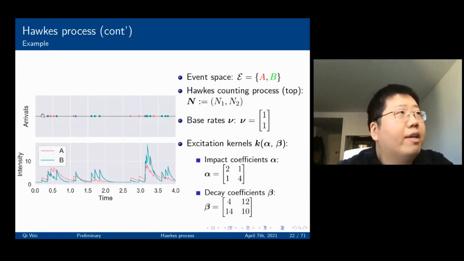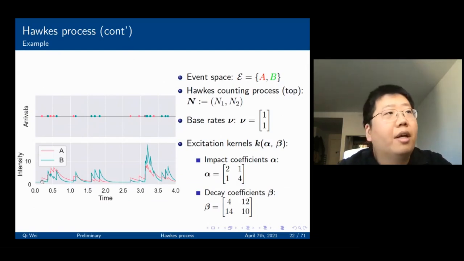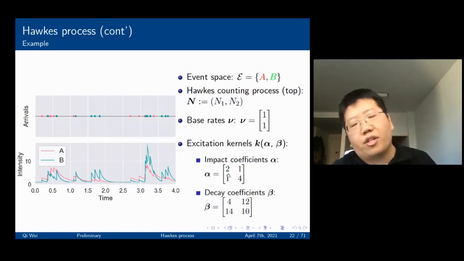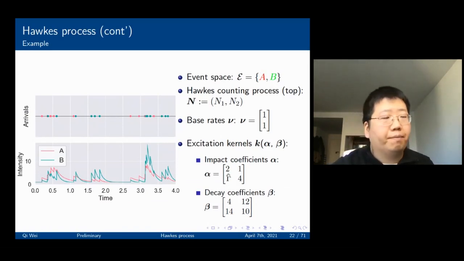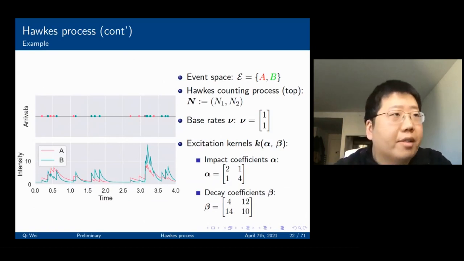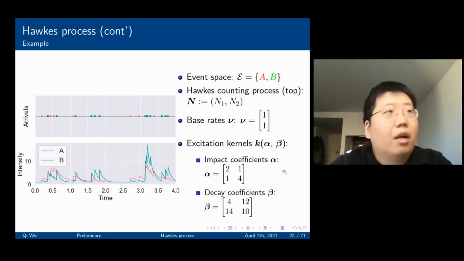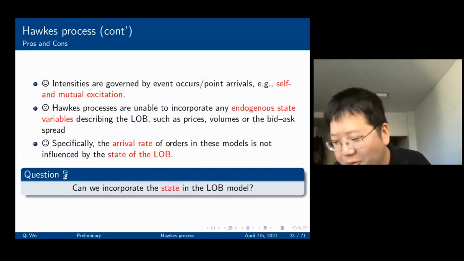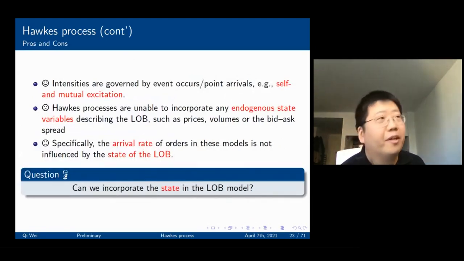Every time one event arrives, you have a jump of the intensity, right? For both events, because you have the cross and self excitation for both events.